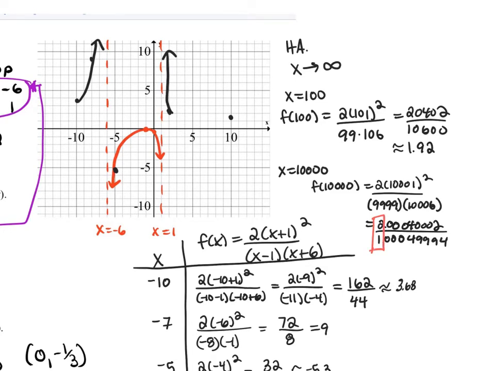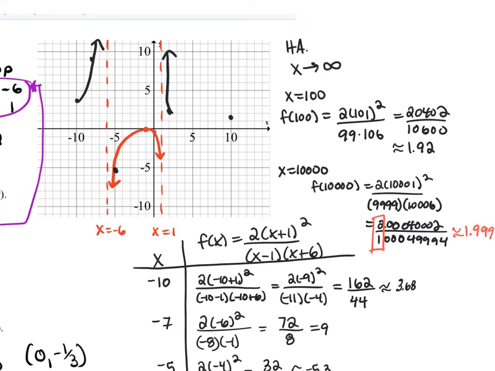I've got place values other than 0, but basically this ratio looks like it's tending toward 2. So if I plug this in, I get 1.999, which is pretty darn close to 2.